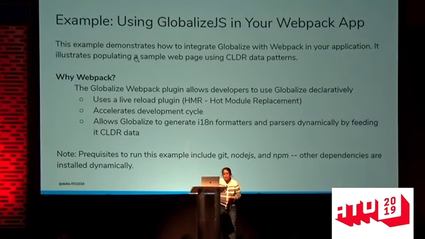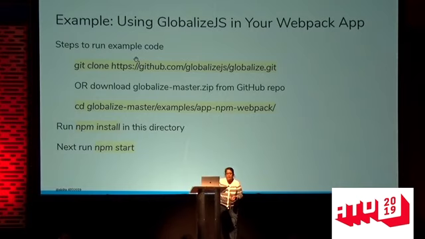You just need a Git environment to pull down your source code, NodeJS, and NPM. And these are the instructions that you can just take a photo of or use later. I think this slide deck will be available later. But you can just pull down globalize.git, and then be able to run.